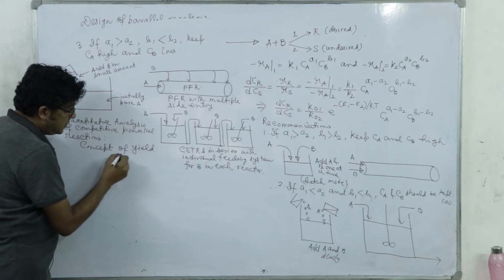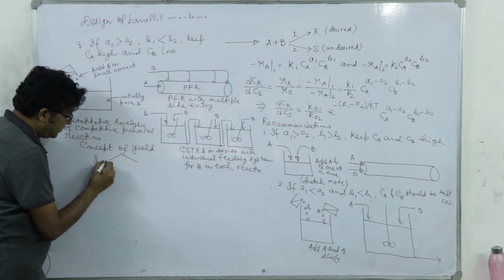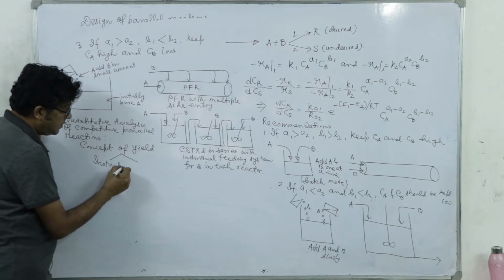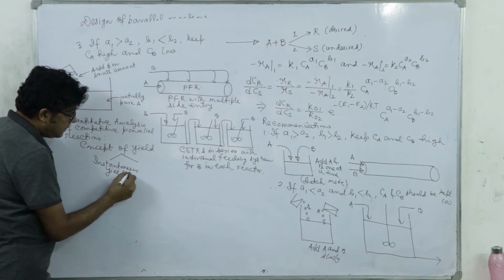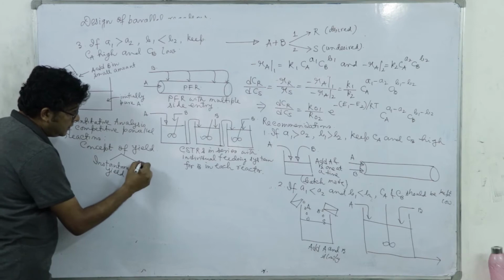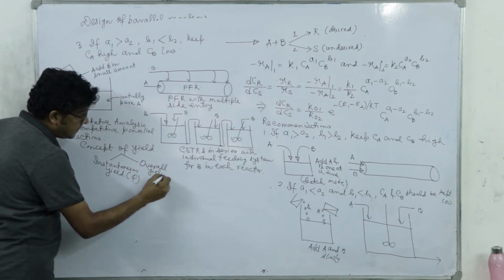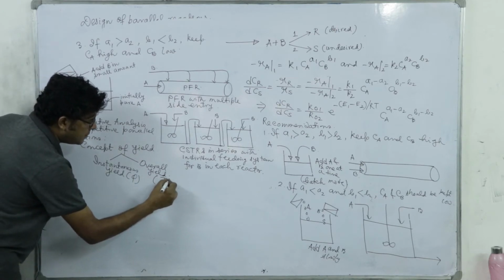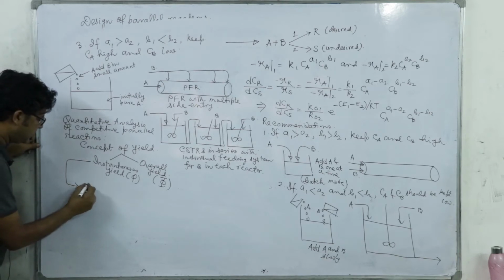It is generally of two types. One is instantaneous yield, and this is overall yield, capital Phi. So instantaneous yield, how is it defined?